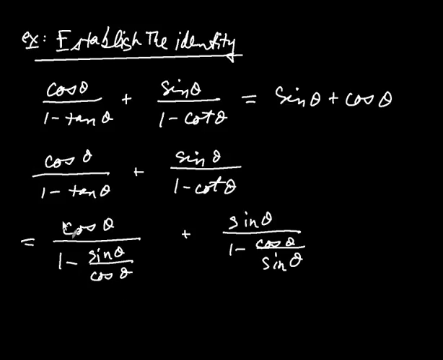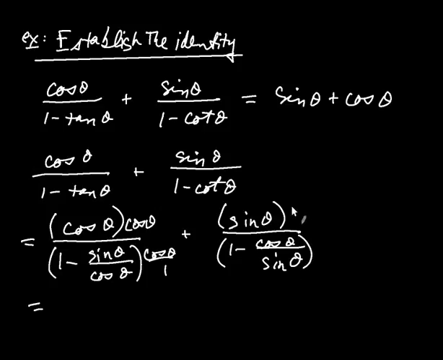So I'm going to multiply top and bottom by cosine theta. Now you can think of it as cosine theta over 1, so I can just write cosine theta in the numerator, but in the denominator I can write cosine theta over 1. Okay, and for the second fraction, what's the LCD? Well, it looks like sine theta, right?